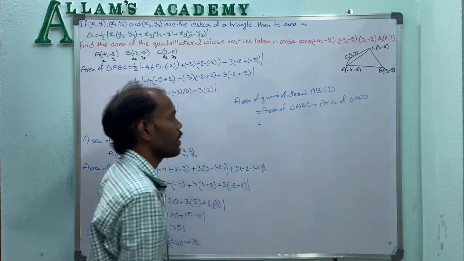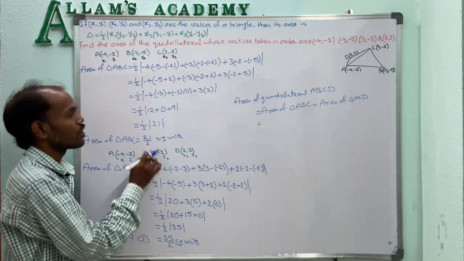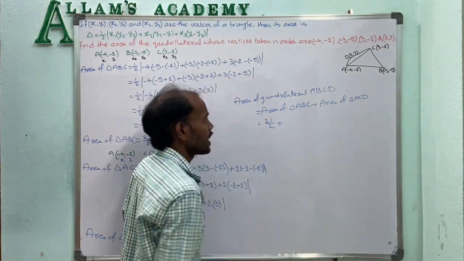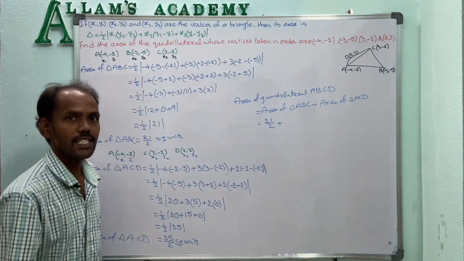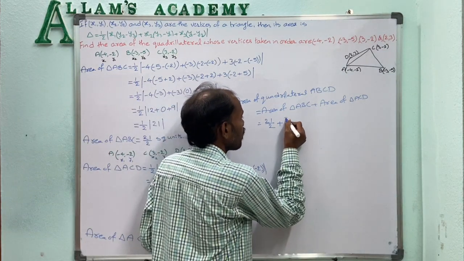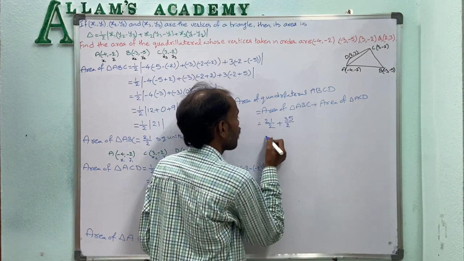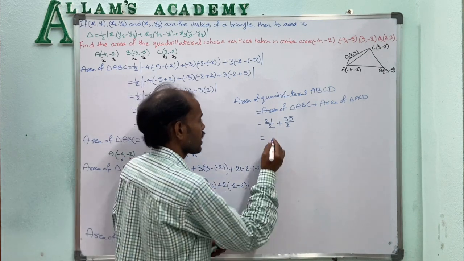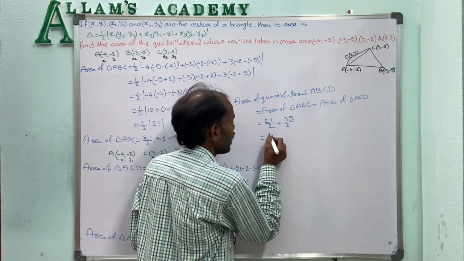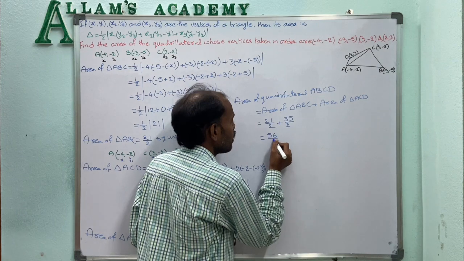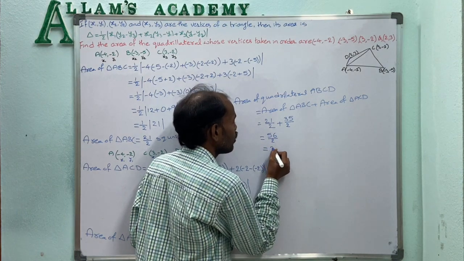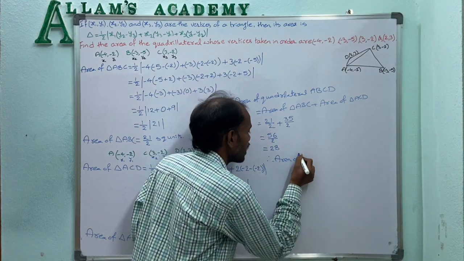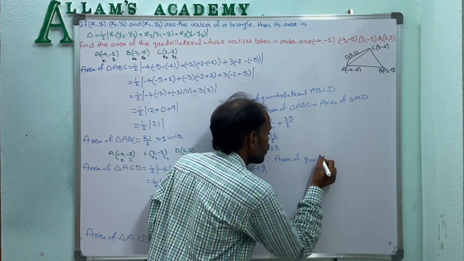Here the area of triangle ABC is 21 by 2 and the area of triangle ACD is 35 by 2. Both fractions are like fractions, so we directly add the numerators, that is 21 plus 35, which is 56. 56 by 2 is equal to 28. So therefore the area of the quadrilateral is 28 square units.